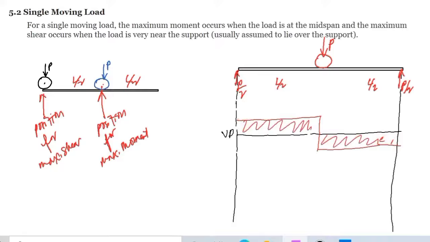So the shear in this location has the maximum value of P over 2.